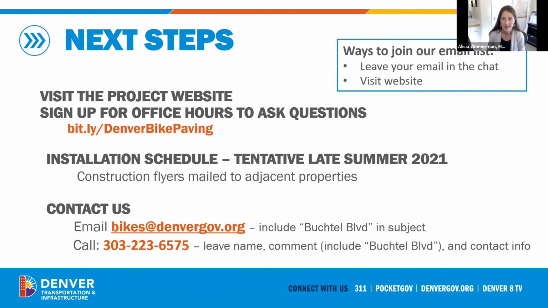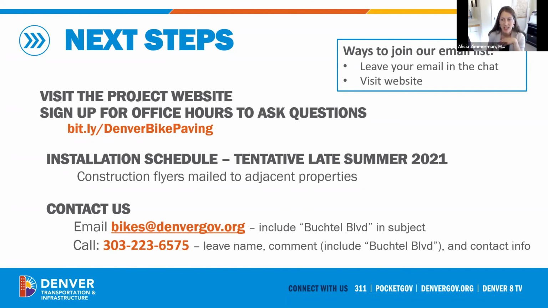Quick, 2 more slides. Next steps here. First, on the top right, ways to join our email list if you're not on it. If you didn't get notice of this meeting through email, you're probably not on it. So leave your email in the chat or visit the website listed below, and you can add your email there. So 3 ways to connect with us. Visit the project website.